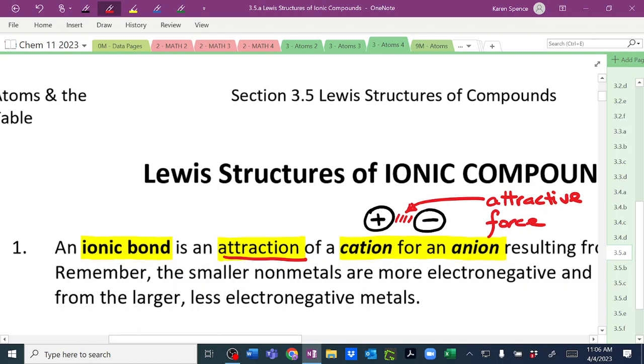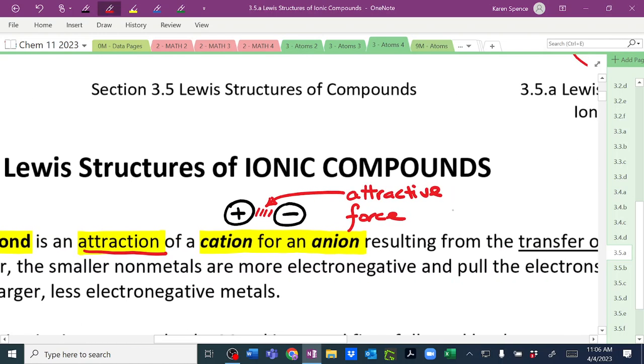There is an attractive force between those, and that is the ionic bond.